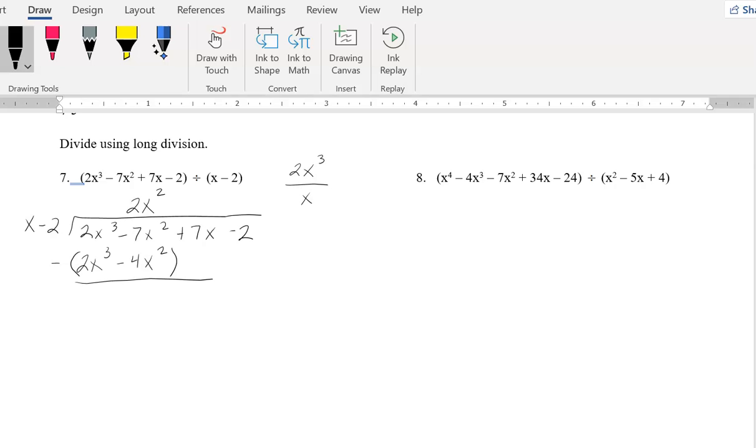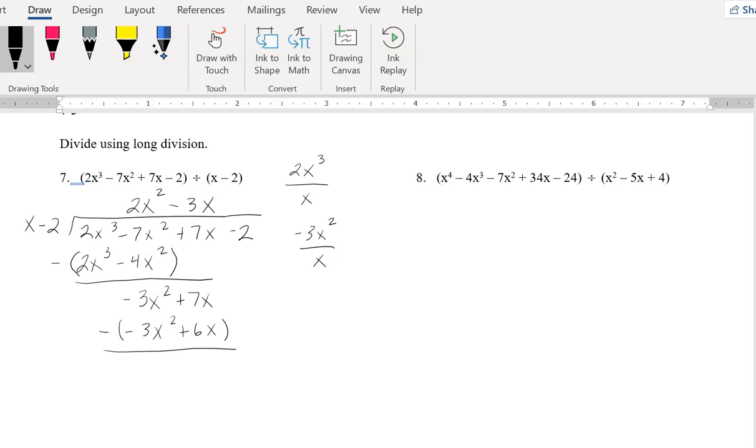Negative 7 minus negative 4, so subtracting a negative is really plus, so that makes negative 3x squared, and then bring down the next term. Now you're dividing x into negative 3x squared, so it looks like this, negative 3x squared divided by x, and that's negative 3x. And multiply negative 3x times both of these, negative 3x squared plus 6x, subtract.